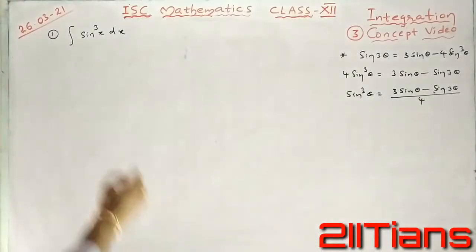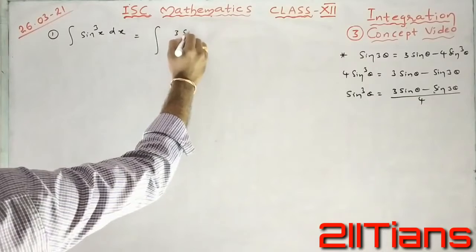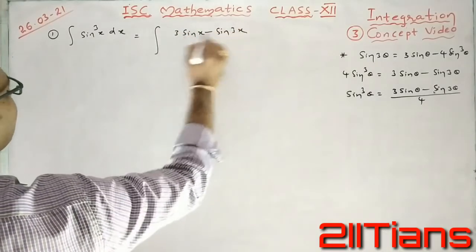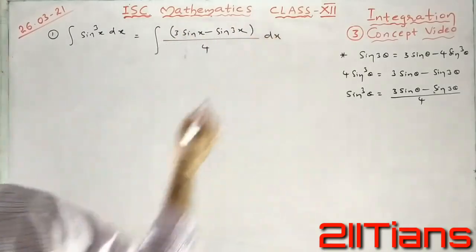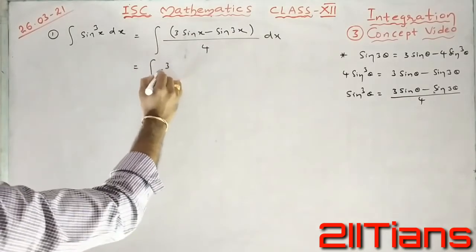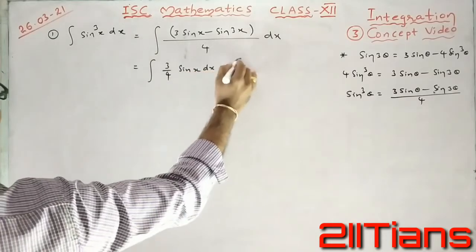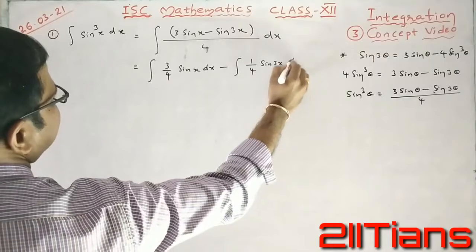So sin cube x can be written as 3 sin x minus sin 3x upon 4 dx. Am I correct? So I am splitting the integration: 3 by 4 sin x dx minus integral 1 by 4 sin 3x dx.